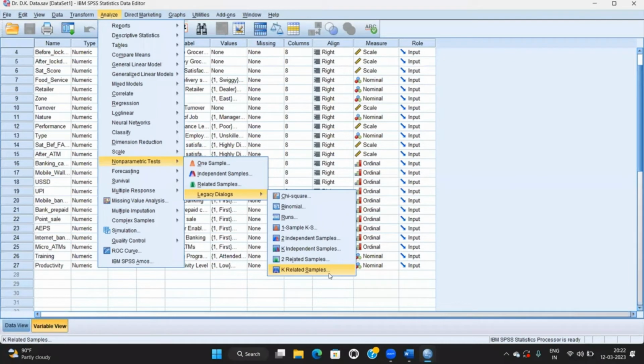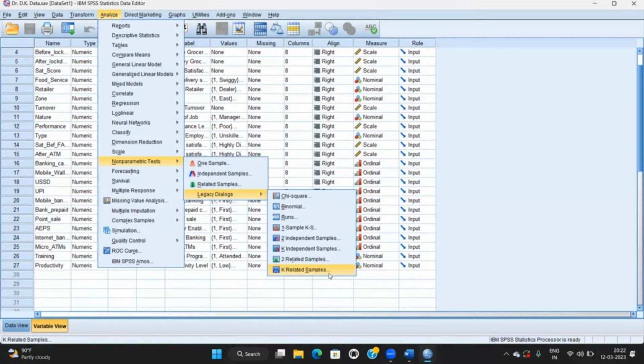Like that, here, non-parametric tests are divided into independent samples test and related samples test. Independent samples test is further divided into 2 independent samples test and K independent samples test. Related samples test is further divided into 2 related samples and K related samples.